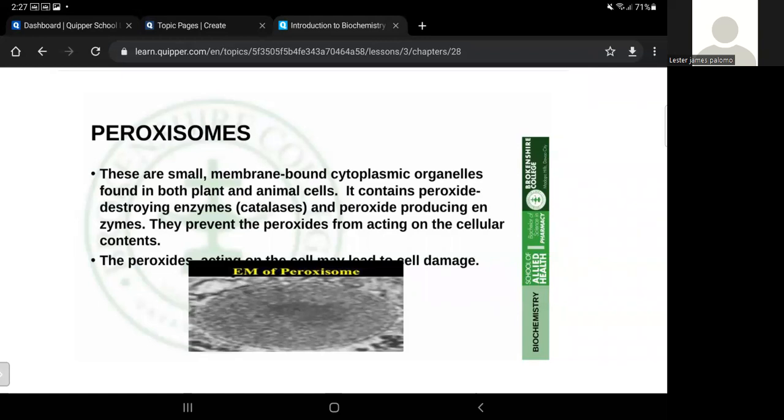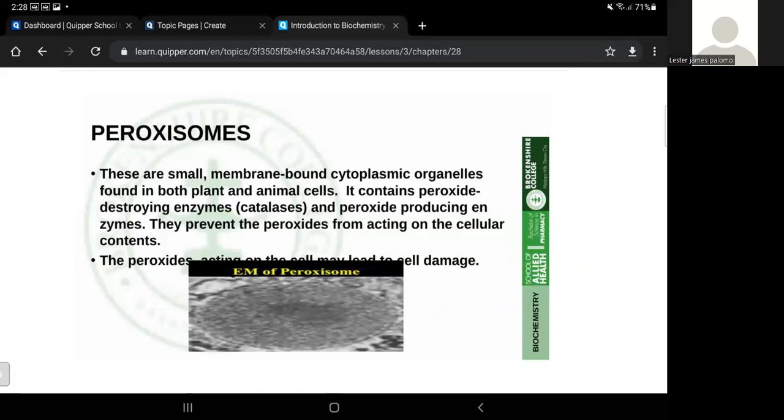So, kasi yung ating catalase, no, prevents the peroxide from acting on the cellular content. So, with that, the peroxide acting on the cell may lead to cell damage, no? So, di po pwede na masubraan po tayo gamit ng hydrogen peroxide, because it could also cause cell damage, no? Kaya nga yung ating hydrogen peroxide is just in a very low concentration, di ba?